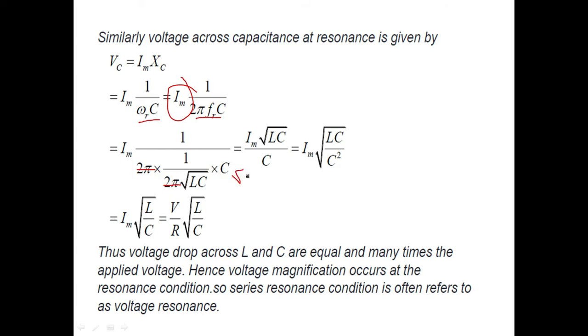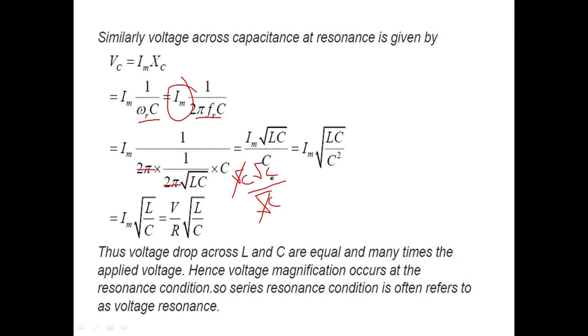At this level, the 2 pi and this 2 pi get cancelled, and again the root of C into root of C upon root of C. Root C gets cancelled and only one root of C remains.